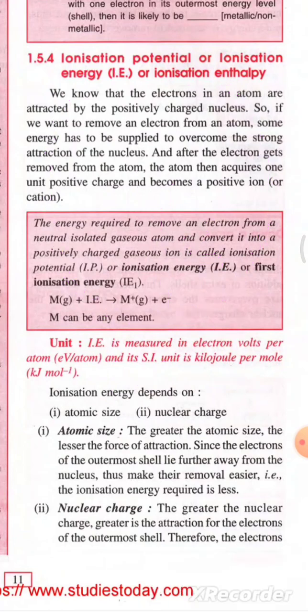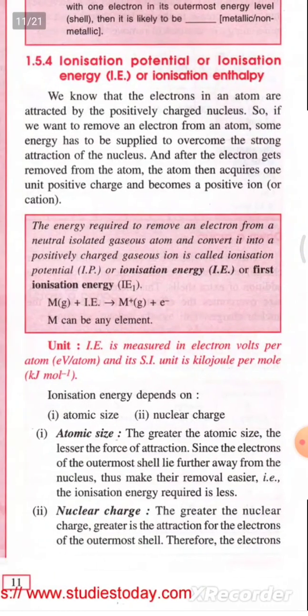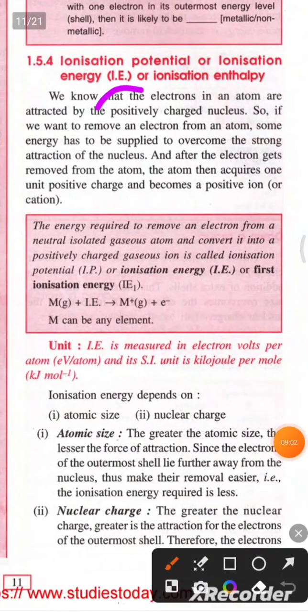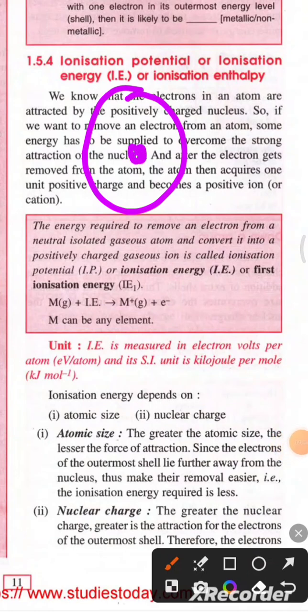So now let us see nuclear charge. The greater the nuclear charge, the greater is the attraction for the electrons of the outermost shell. That means if the nuclear charge is more, the atomic size will be less, because nuclear charge is more, so the atomic radius is less.